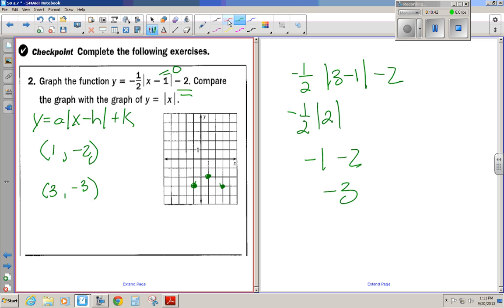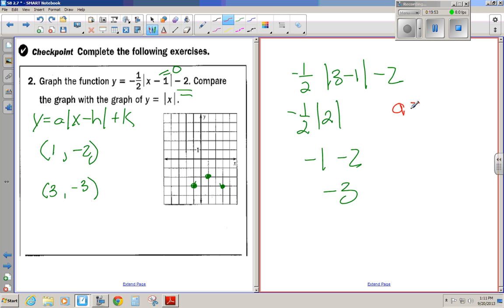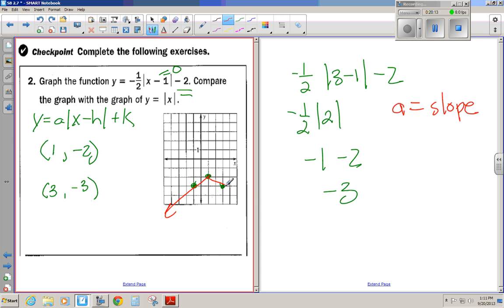Now I want to point something out here that I don't know if it says in your textbook, but there's another way you can think about this. The a value could also be considered the slope of the line. So if you started here, you'd go down 1 over 2, and then down 1 over 2 in the other direction, and then you can just draw your line through.